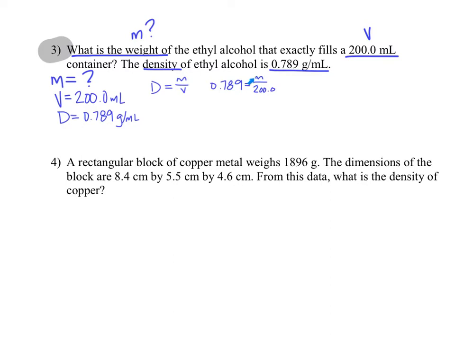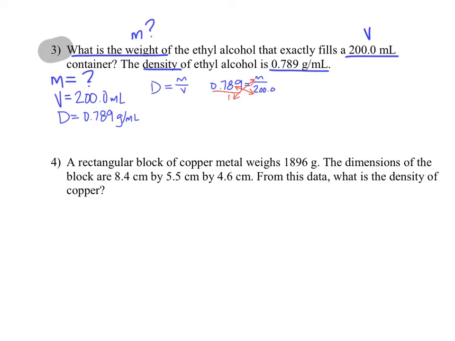If it's on the right side of the equal sign, I'm going to go ahead and leave it there. And what I'm going to do, because I've got a fraction on the right, I'm going to turn the left side into a fraction so that I can cross multiply. So in order to make the left side of the equation a fraction, all I have to do is put it over 1. And when I do that, now I can cross multiply. So 200 times 0.789 and 1 times m.